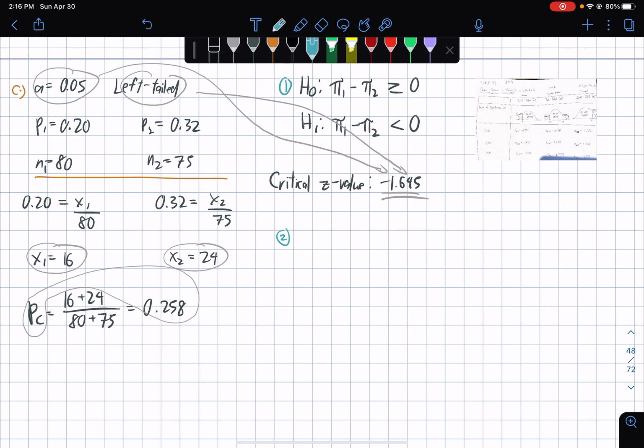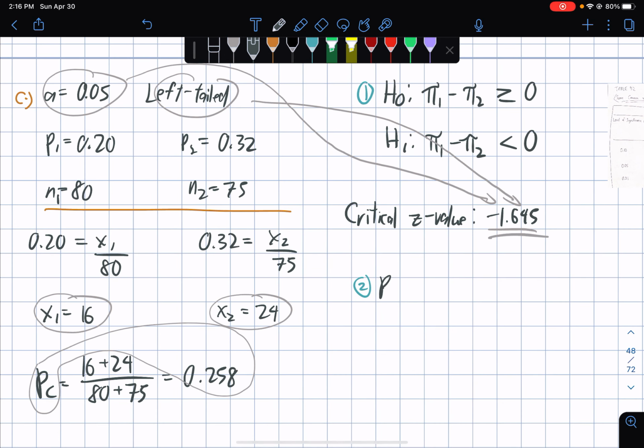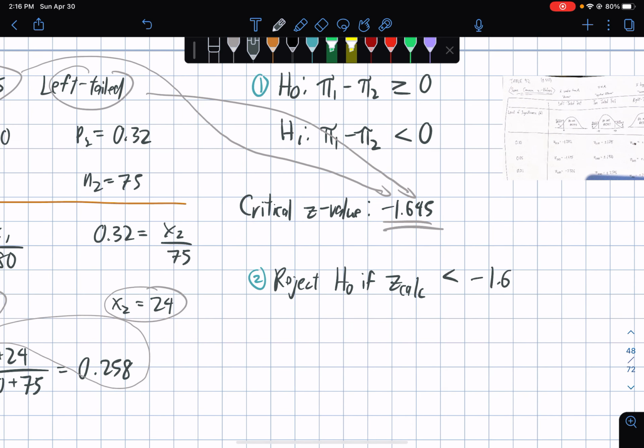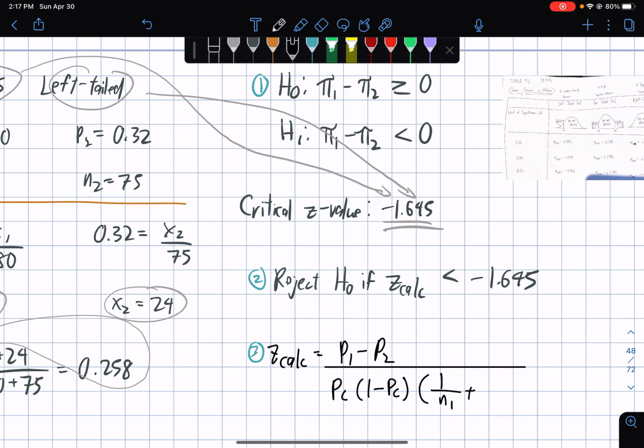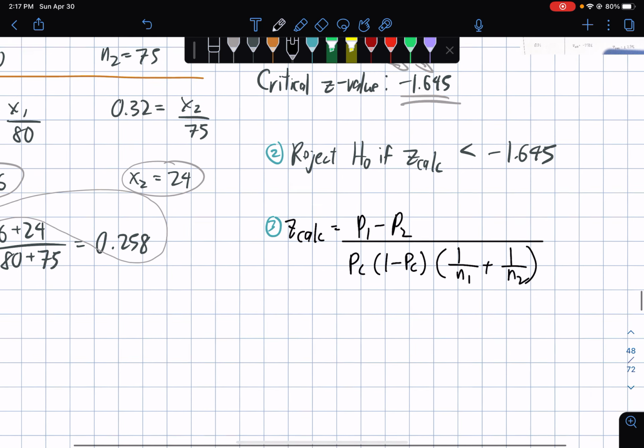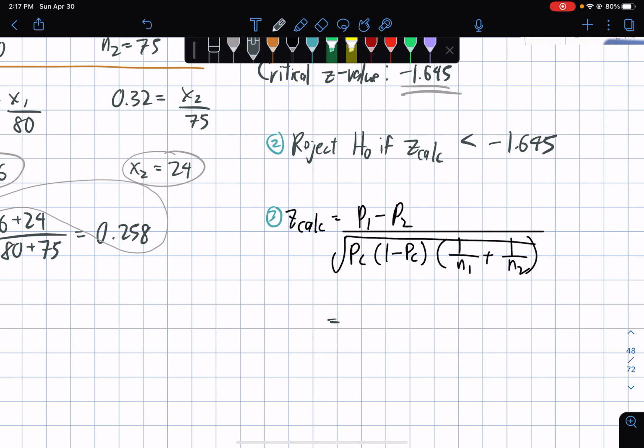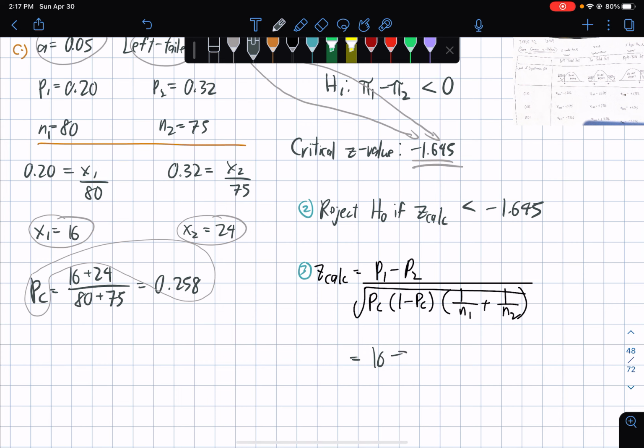Let's go with step 2. Reject H0 if z calc is, copy the inequality sign of the alternative hypothesis and rewrite the critical z value, which is negative 1.645, and computation again, z calc is p1 minus p2 over the square root of pc times the quantity 1 minus pc times the quantity 1 over n1 plus 1 over n2. For p1 and p2, 16 minus 24.